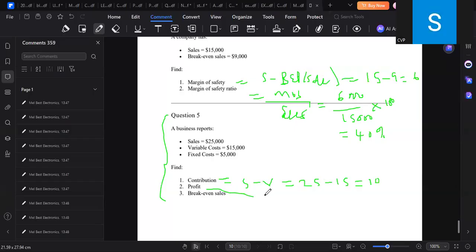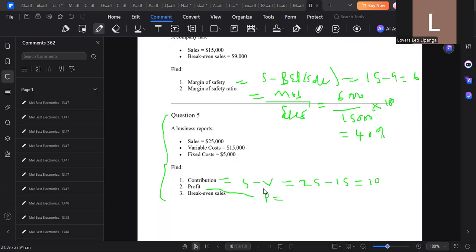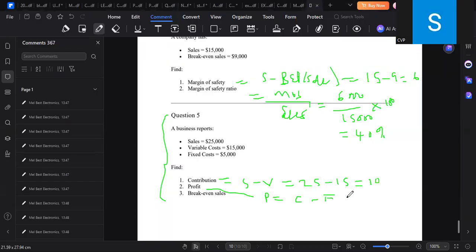I mean, contribution minus fixed cost. You've forgotten. So what is our contribution? 10,000. Fixed cost is 5. So what do we get? 5.